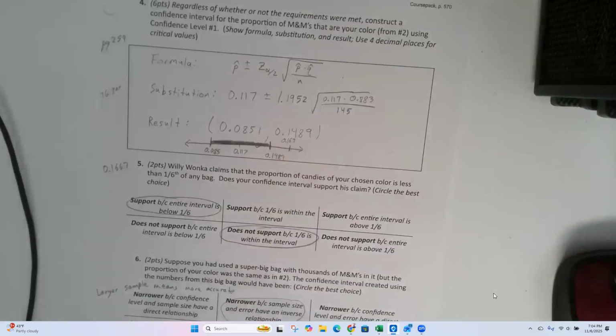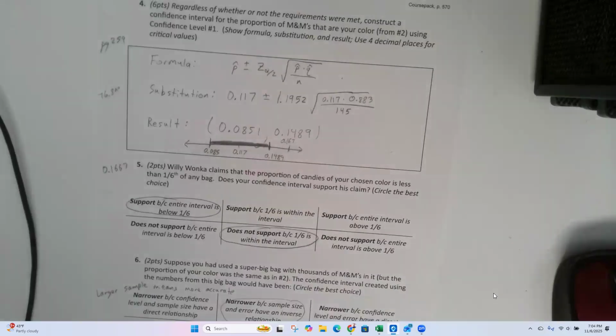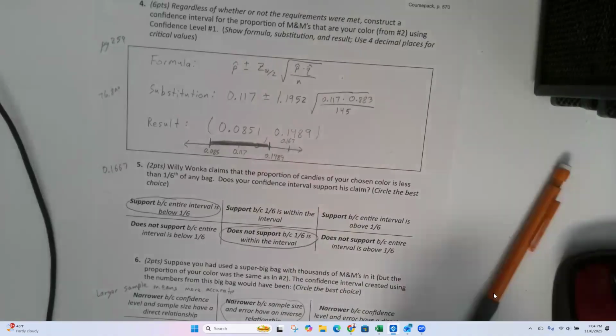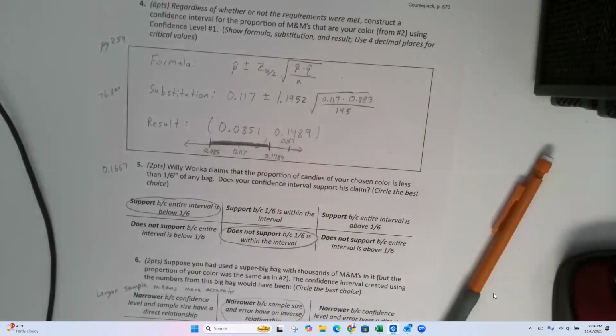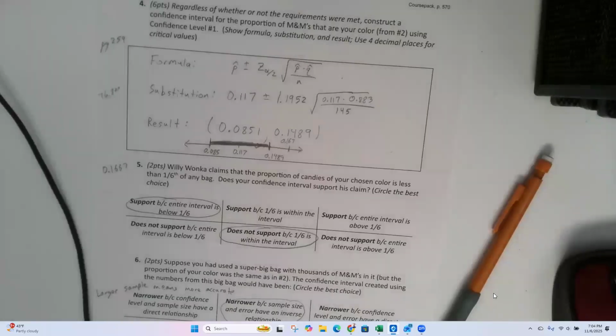That means I'd be more accurate, because think about it like this. If I was trying to be accurate and I give you a giant range, it's not very useful. If I said that the average height of people in America is somewhere between 3 feet and 8 feet, that's a huge range. That's not helpful at all, because someone who's 3 feet is very tiny, someone who's 8 feet is very tall.